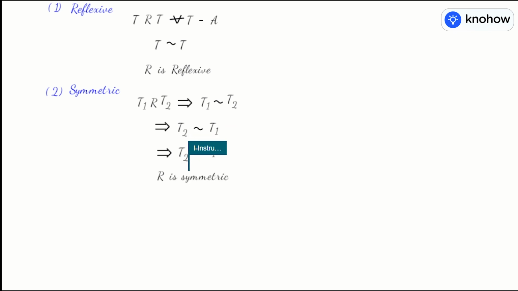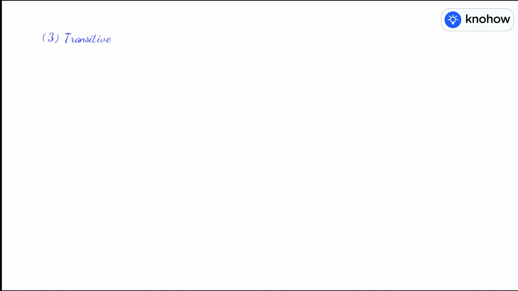Now number 3, let us check the relation is transitive. T1 is related to T2 implies T1 is similar to T2. T2 is related to T3 implies T2 is similar to T3.